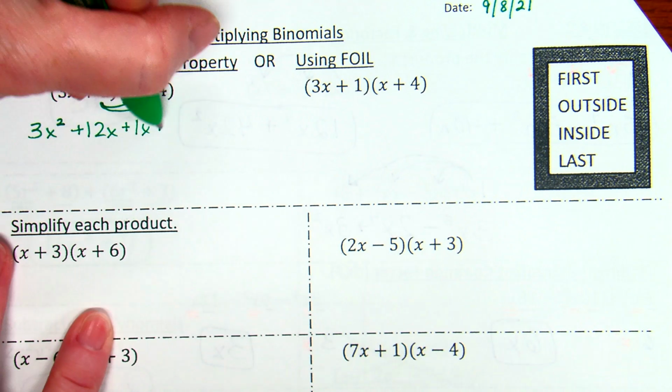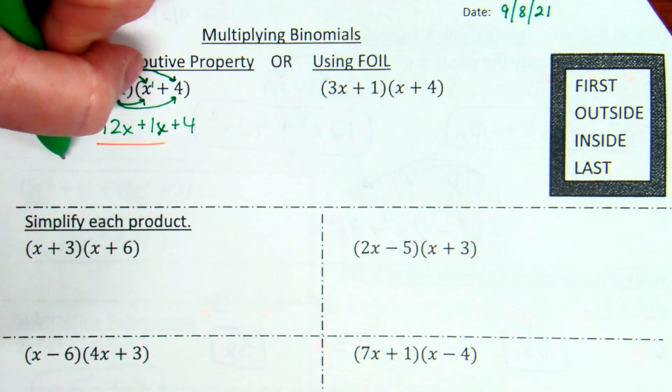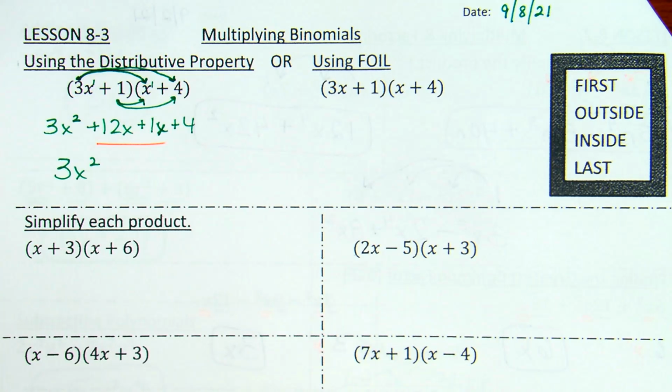Okay. From here, the step is always going to be about collecting like terms, cleaning it up. What like terms can we add here? Well, the x's that have the same exponents. So 3x squared will carry down as 3x squared. 12x plus 1x is 13x.